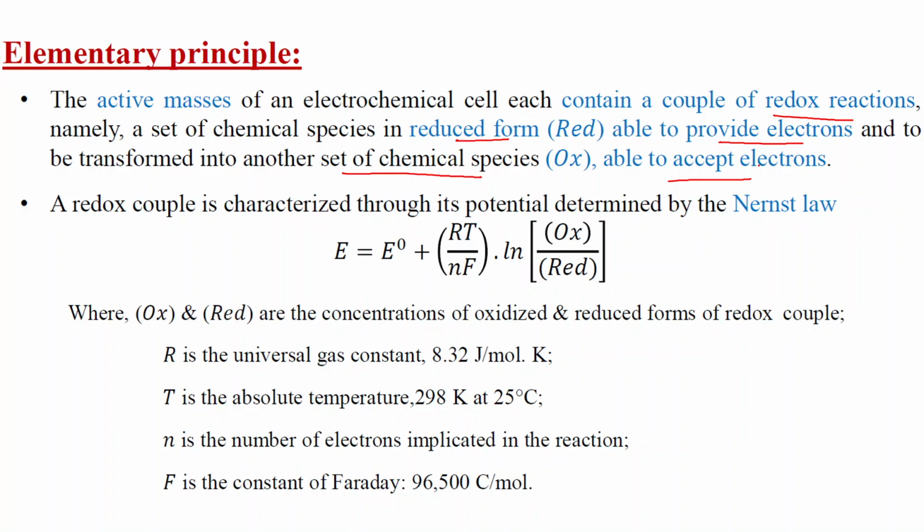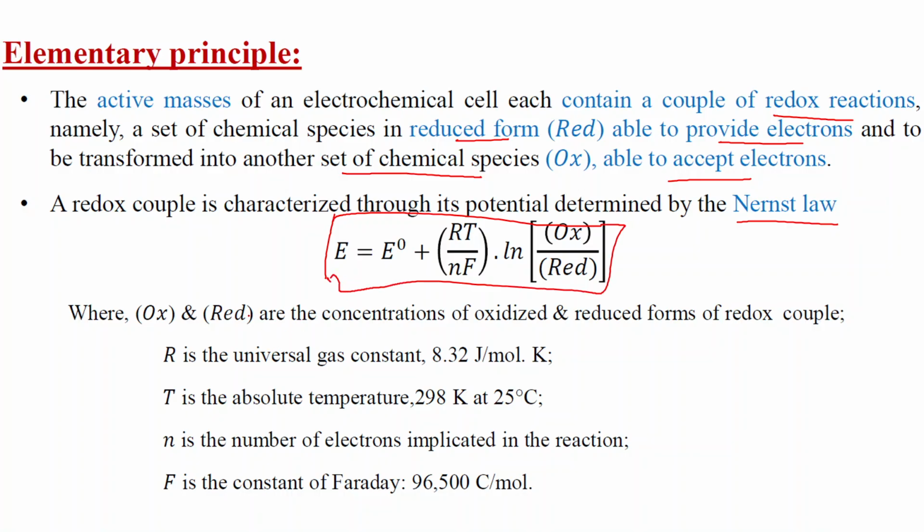A redox reaction is characterized by its potential, which is determined by the Nernst equation. So the Nernst equation is responsible for determining the redox potential. This is the Nernst equation.